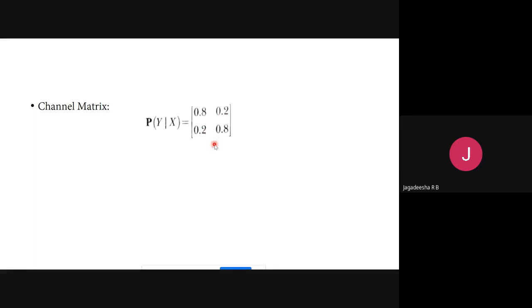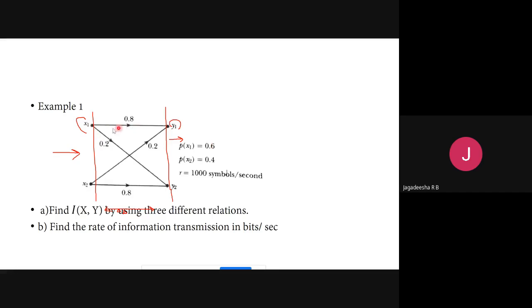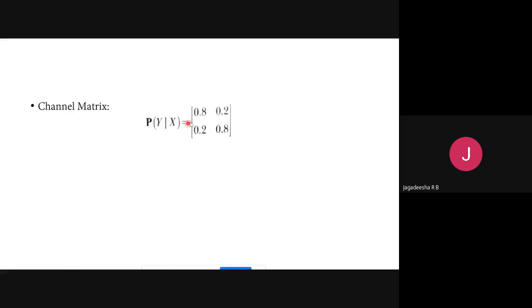Do you know how to write this? This is from the previous lecture. We have practiced this. Here, 0.8, 0.2, one row, 0.2, 0.8, right? Same thing is written here, 0.8, 0.2, 0.2, 0.8.